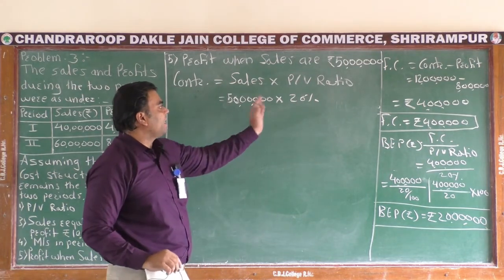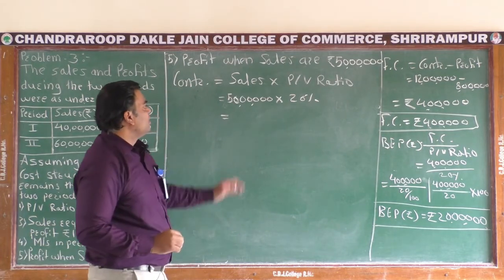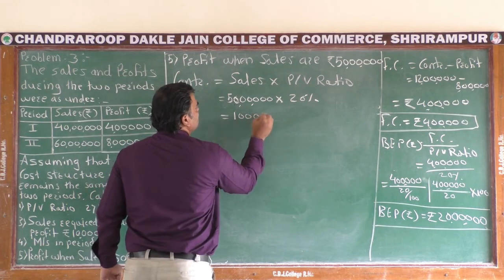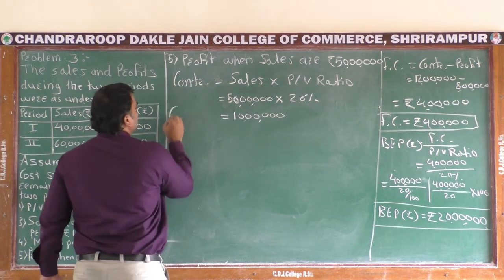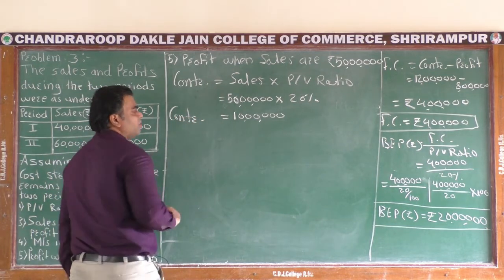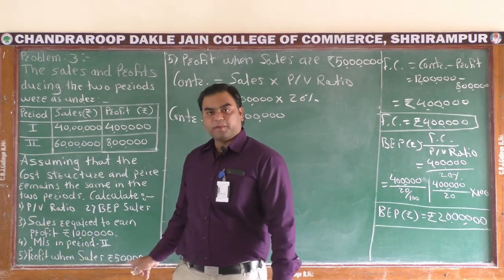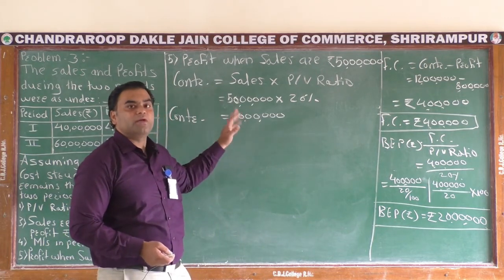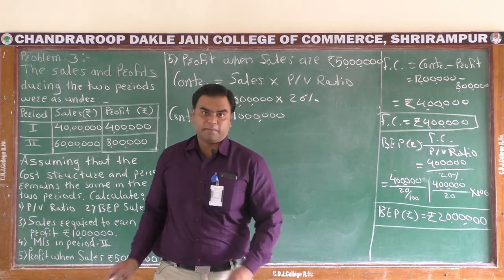So 50 lakh into 20% is equal to 10 lakh. Contribution amount will be 10 lakh when sales are 50 lakh.